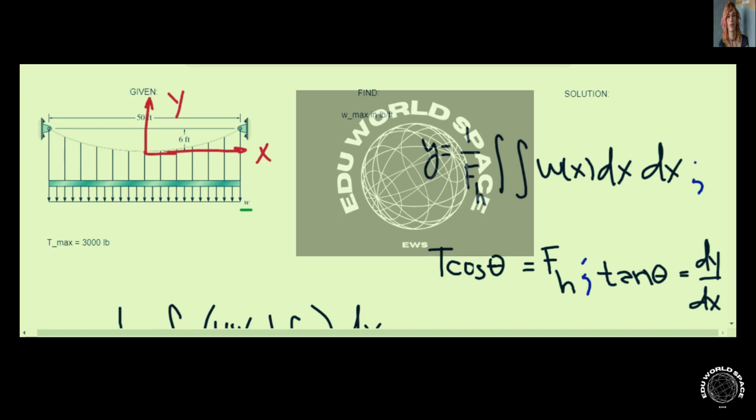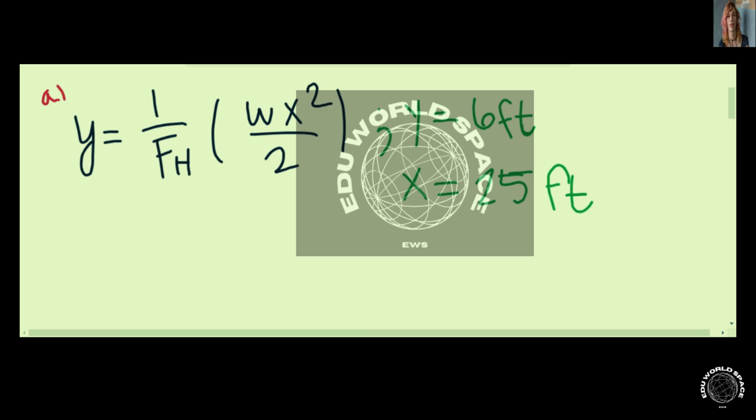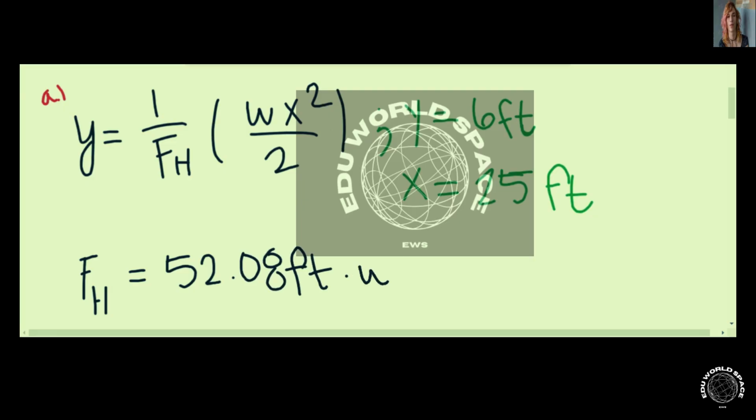The whole length of the cable is 50 feet, but once we put our origin directly in the middle and measure from that point to the far right end, it's 25 feet. If we plug in these values, we get F sub h equals 52.08 feet times w.